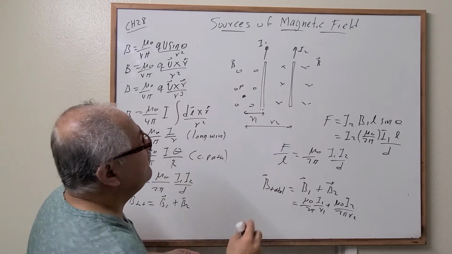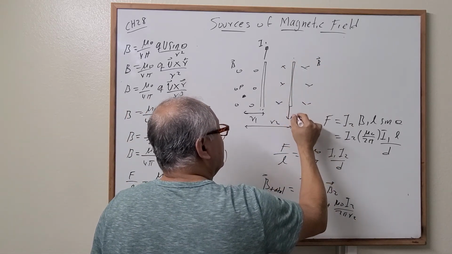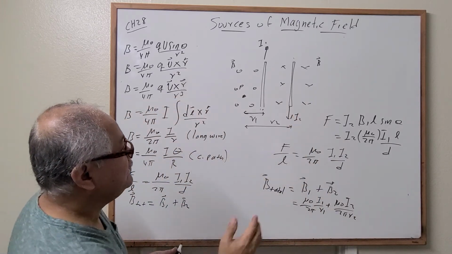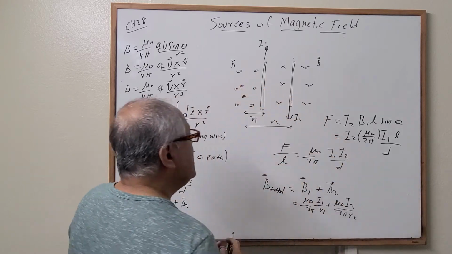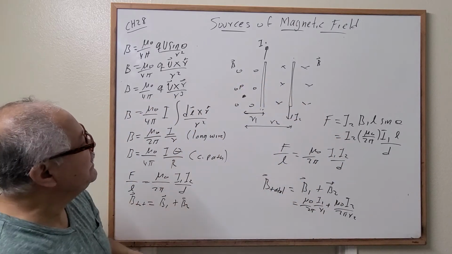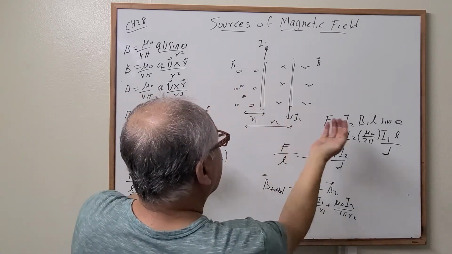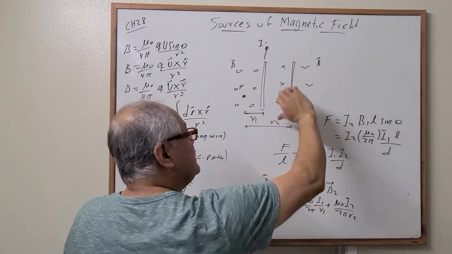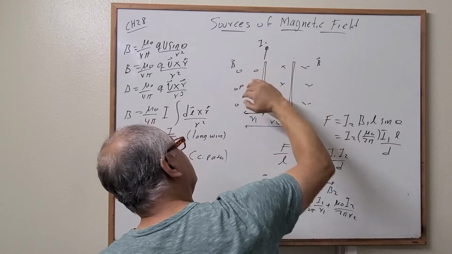What happens if one goes in the opposite direction? Like in this case, imagine. In that case this field is going to be opposite, and we have to establish the direction. If we take this direction to be positive, the other direction is negative, because in this case the magnetic field produced by current 2 goes into the page.